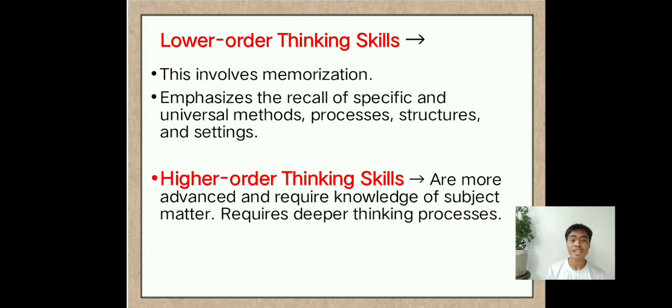Lower order thinking skills involve memorization, and emphasize the recall of specific and universal methods, processes, structures, and settings. Under lower order thinking skills, students just memorize or are asked simple comprehension questions about the task or the previous topic, to recall a specific lesson.